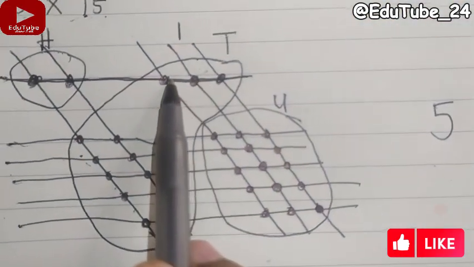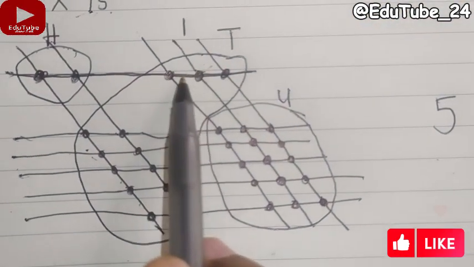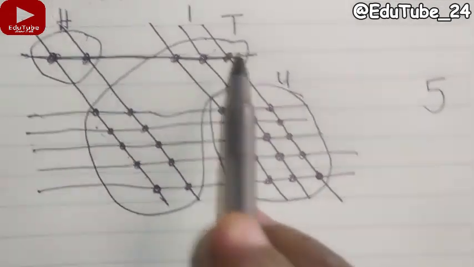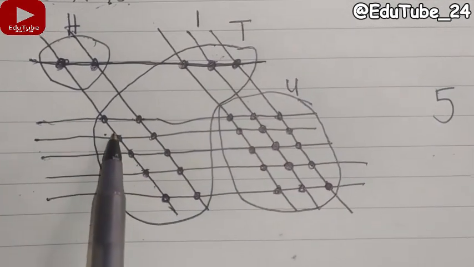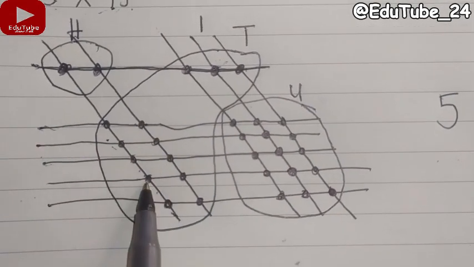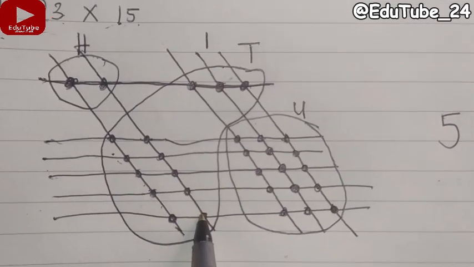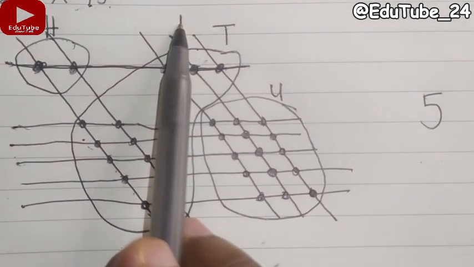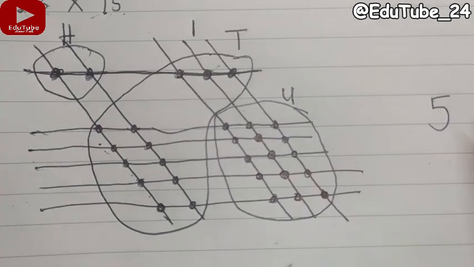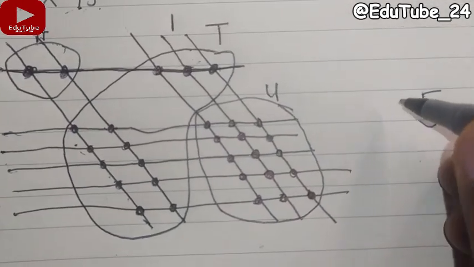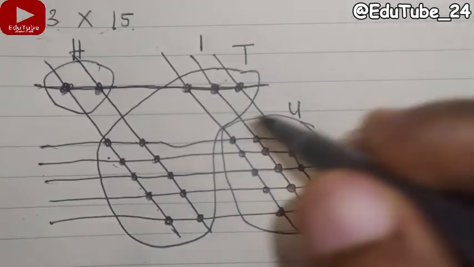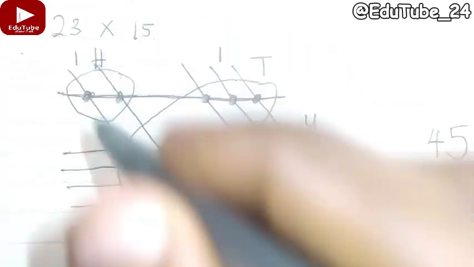Then I count the meeting points I have in tens: 1, 2, 3, 4, 5, 6, 7, 8, 9, 10, 11, 12, 13. I have 13, plus the 1 I carried from the units, that makes 14. So I'm not going to write 14; I will write 4 and carry 1 above 100 also.